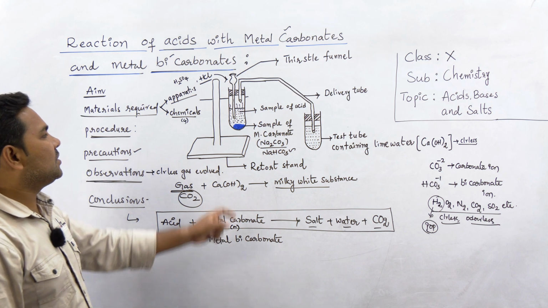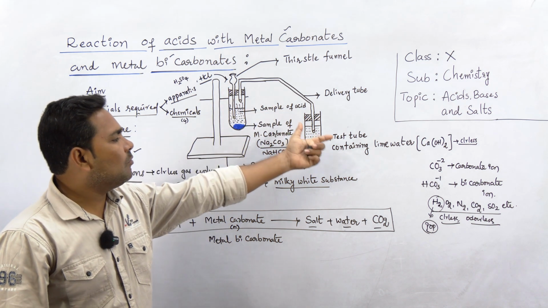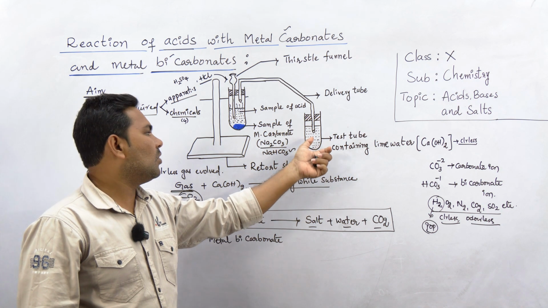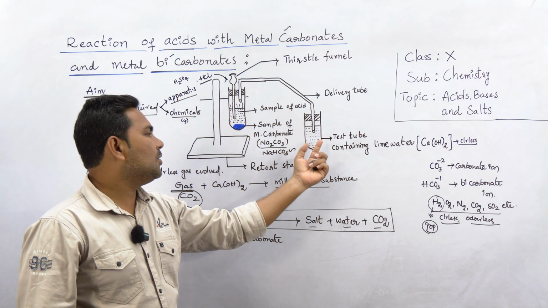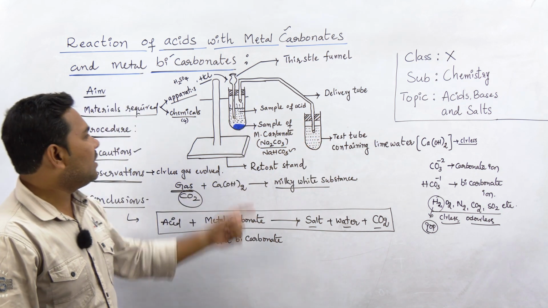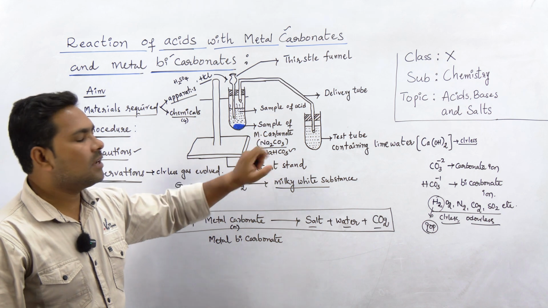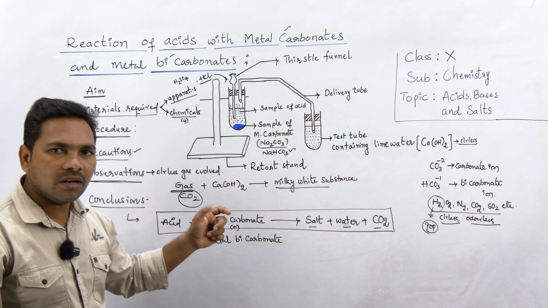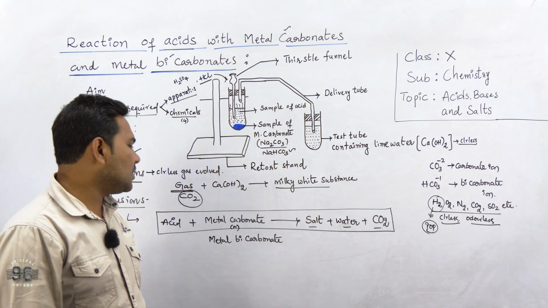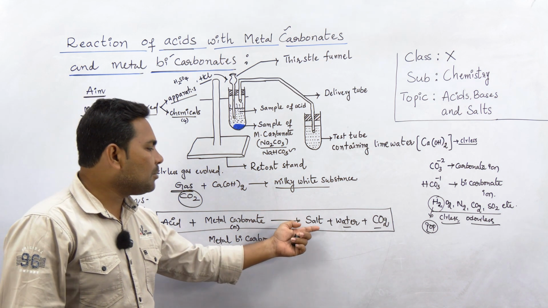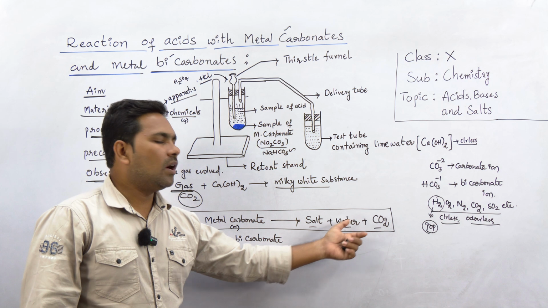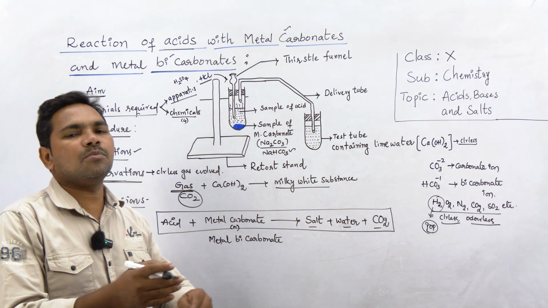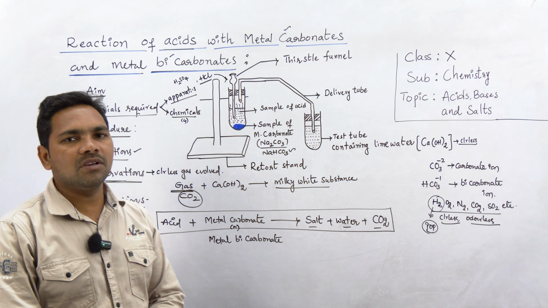This is also the observation, because we see if you replace this with freshly prepared lime water, it again turns milky white even when acid reacts with metal hydrogen carbonates. So we can conclude, when acid solution reacts with metal carbonates or metal hydrogen carbonates, it produces salt, water and carbon dioxide. So whenever carbonates react with acids, they produce a gas, carbon dioxide gas.